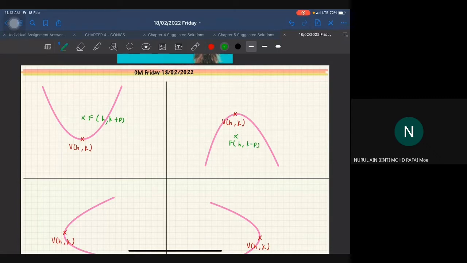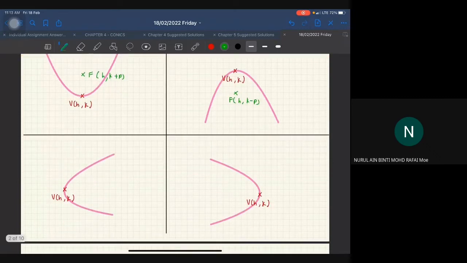Okay, so settle. Alright, and then untuk yang third graph, dia duduk dekat belah kanan of the vertex. So kalau tengok yang ini, dia duduk pada satu garisan Y yang sama. So meaning Y dia tak berubah, yang berubah cumalah X sahaja. Okay, so nilai X dia akan jadi H plus P. Kenapa plus? Sebab dia ke kanan.